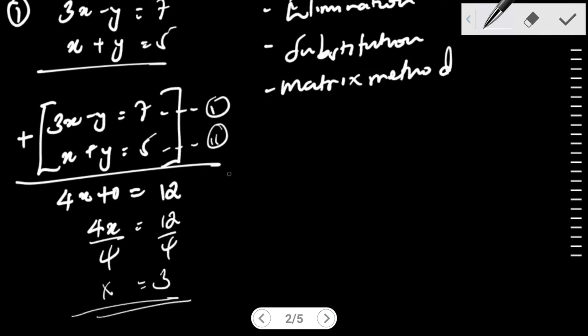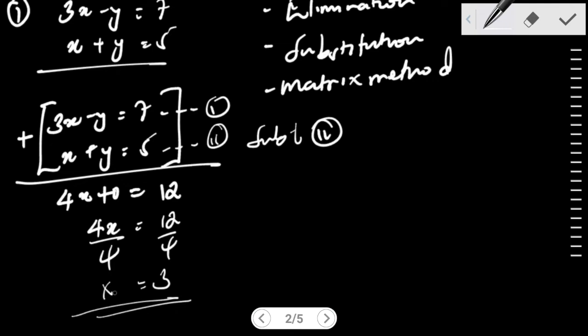Having got that, I choose one of the equations to substitute into, the easiest one. My equation 2 is better, and can easily be worked out.